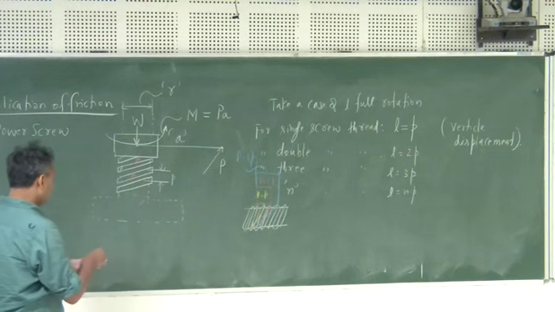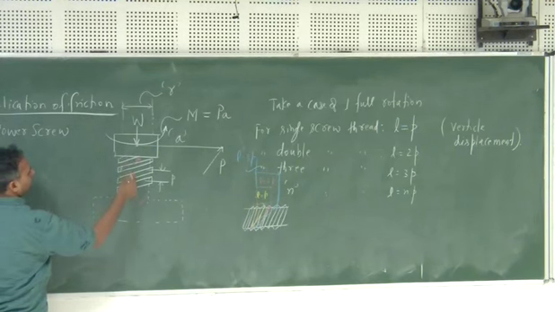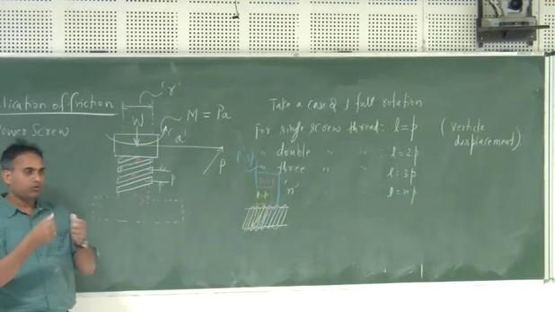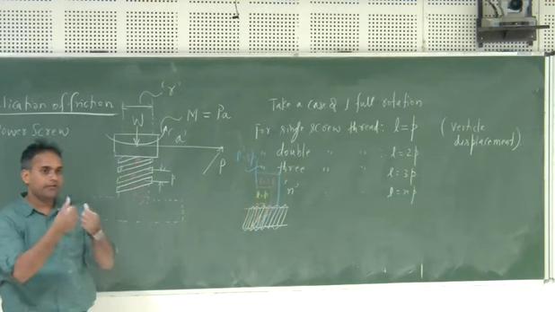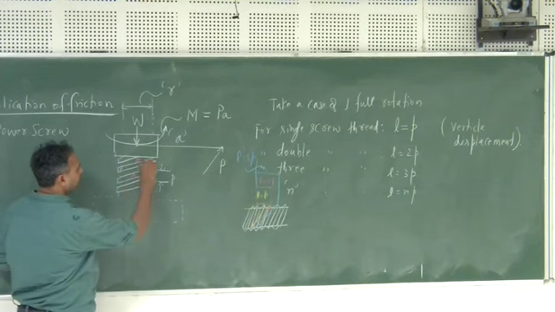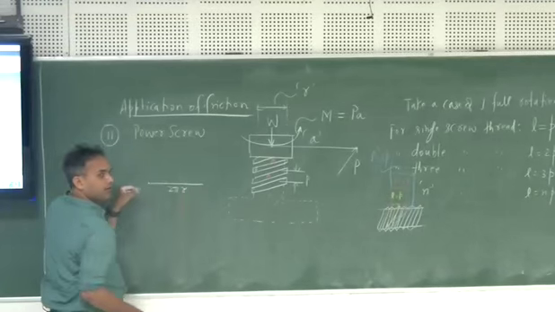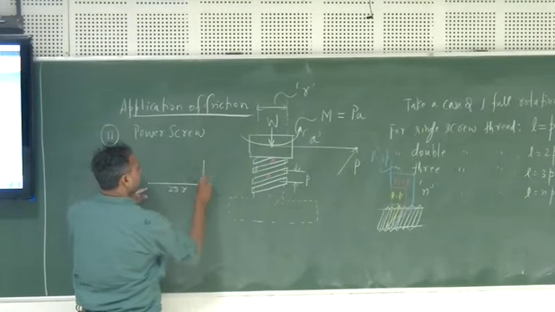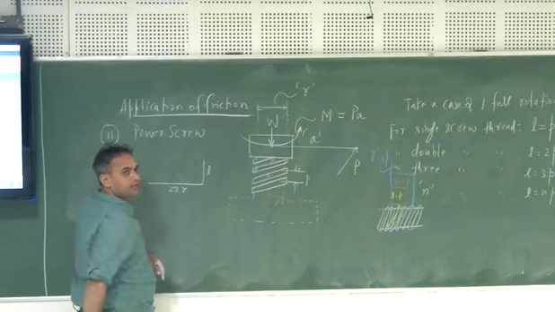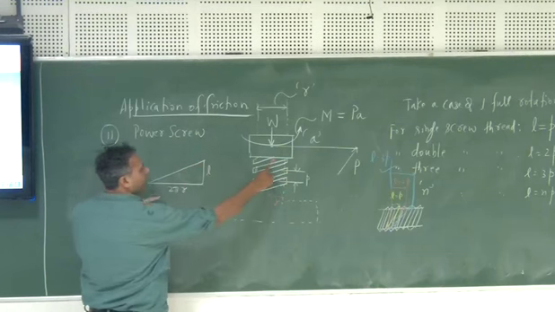Now, how does it really make sense? We were trying to draw the path of this particular point. Let us say in one full rotation this reaches to this. If we try to unfold the thread, we start from here, take this section and unfold it. Then what will really happen? We are doing one full rotation, so this horizontal distance should be 2 pi r, and the vertical displacement is L, which we have defined as P, 2P and so on. This is the total length of your thread.